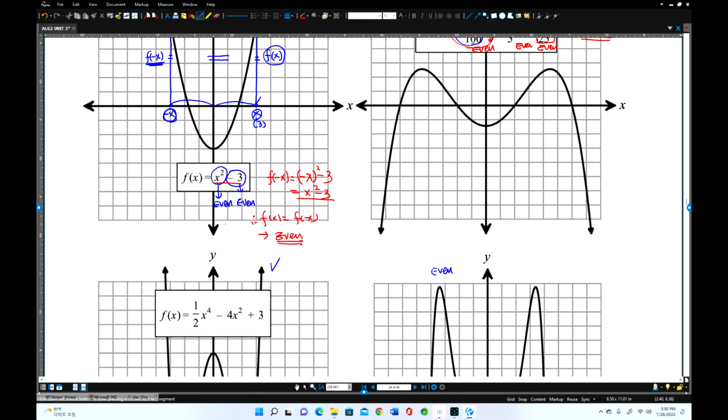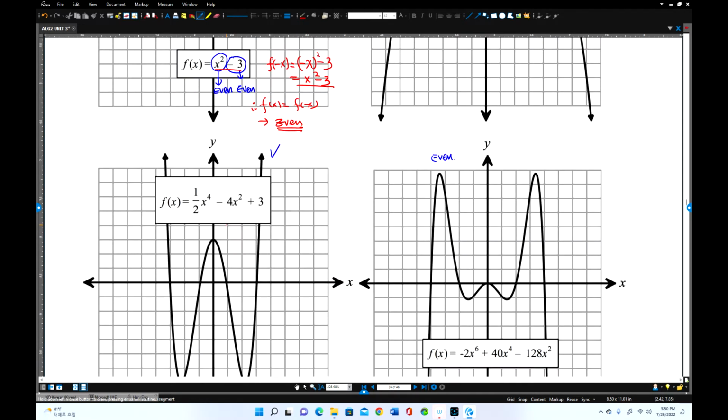That's it. Okay, one more. This is x to the 4, even. X squared is even. 3, a constant, is even. Number 3 is an odd number, right? Don't be confused.